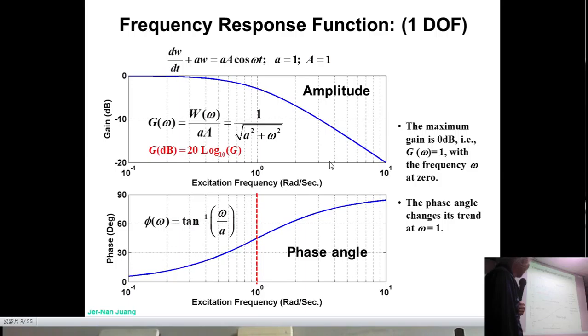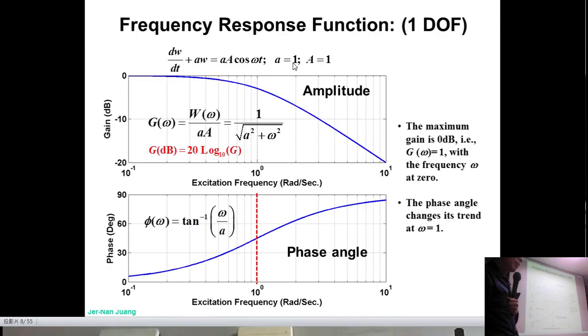It doesn't look like a 1 when omega equals 0. Am I missing something? No, A equals 1, because in the top there I said A equals 1. This curve, we plotted with A equal to 1, and kept A equal to 1 too.